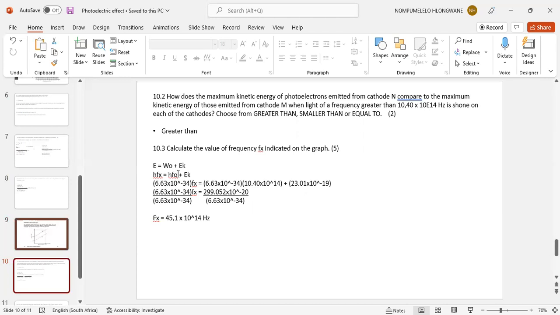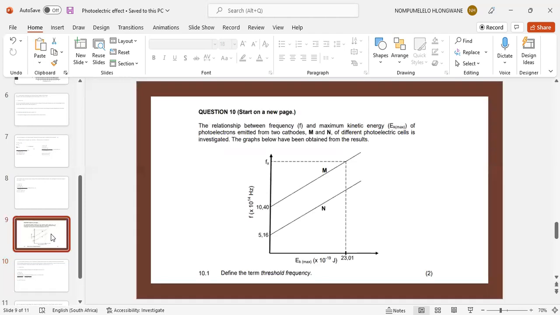The work function goes together with the cutoff frequency, the minimum frequency to eject electrons, which is what we've been talking about. This y-intercept here is the minimum frequency needed to eject electrons. That is the cutoff frequency.